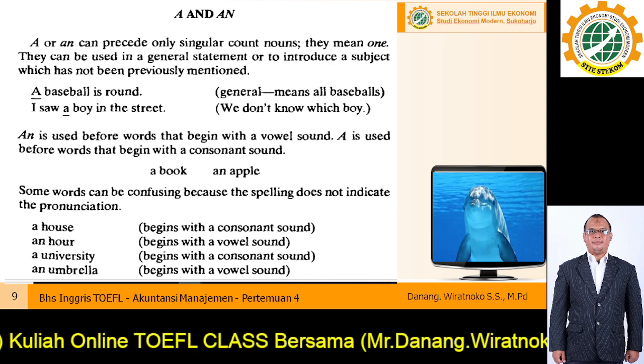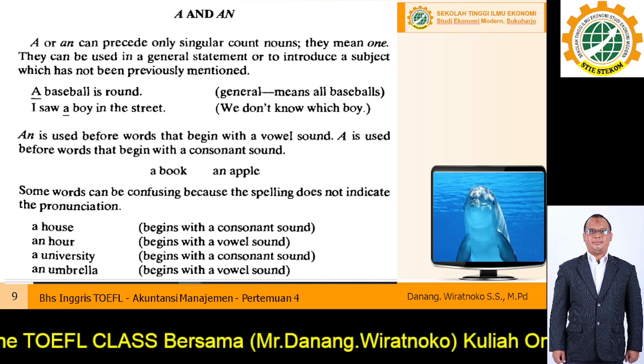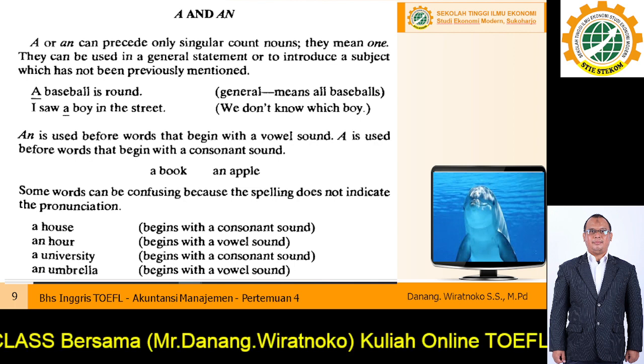Contohnya, David, could you open a window? Terus Davidnya bilang yang mana? Which one? Any. A window means you can choose any window. Window number 1, window number 2, window number 3, window number 4, etc. Okay.